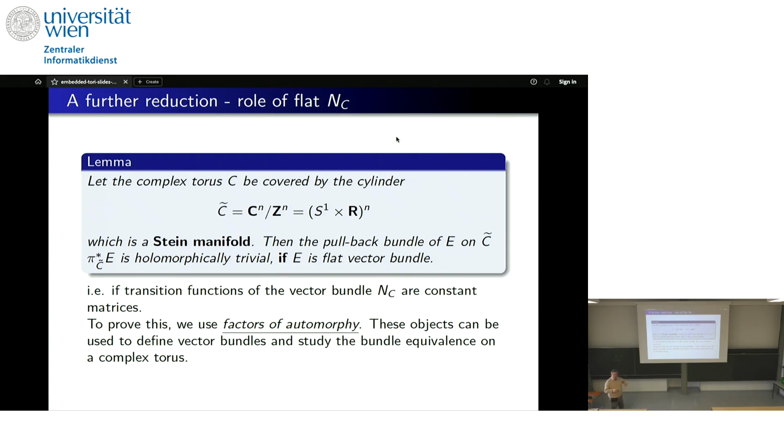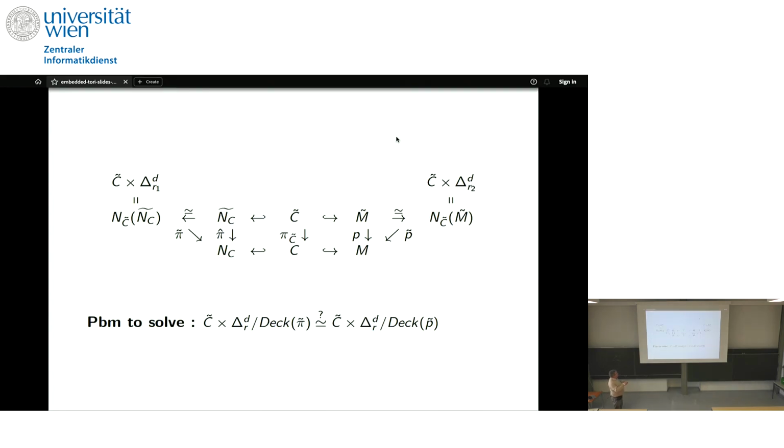And then you will have to pull back this normal bundle, and this normal bundle is holomorphically trivial. And so at the end, you obtain that kind of thing. So this normal bundle is trivial, so it looks like this. This normal bundle is also trivial, and it looks like that.